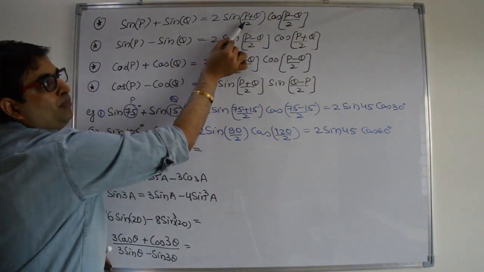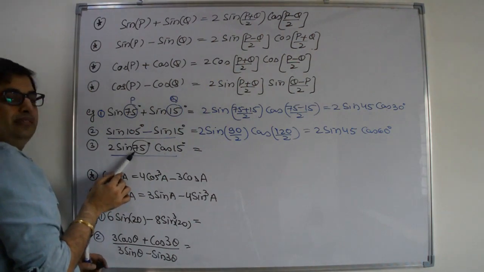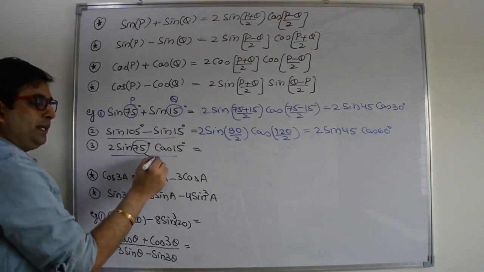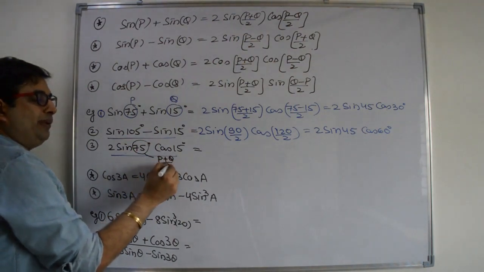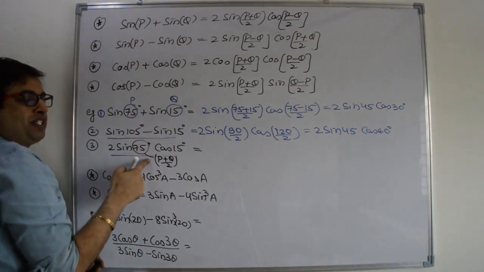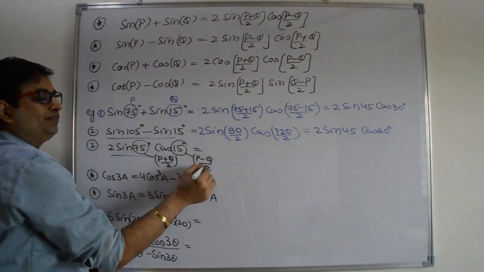Sine function is having more angle. So here sine function is having greater angle, 75. So I can say this is P plus Q divided by 2. According to this formula, it is P plus Q divided by 2. What is this? This is P minus Q divided by 2.